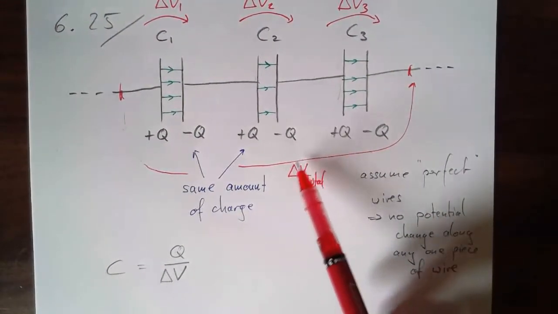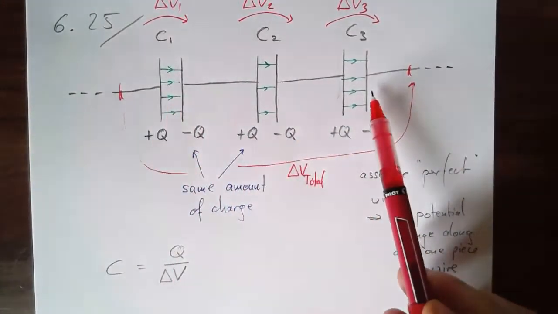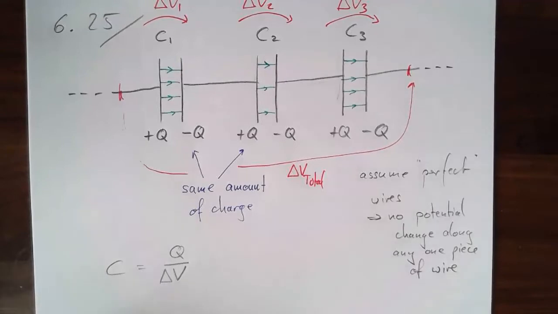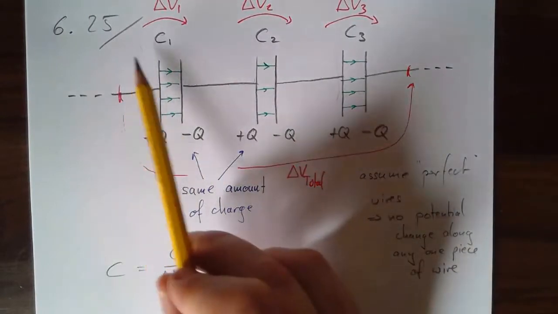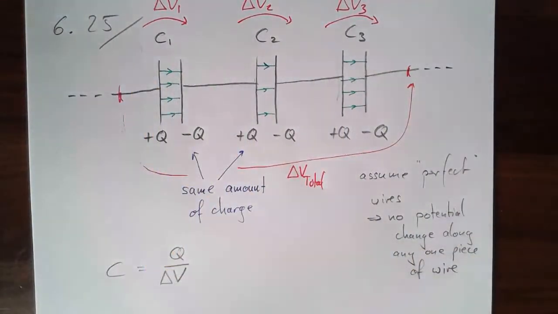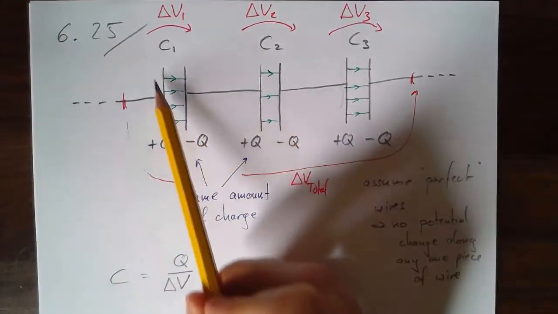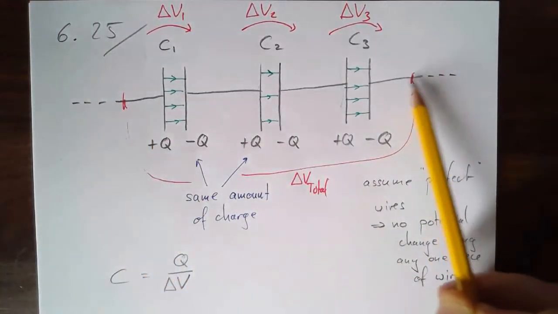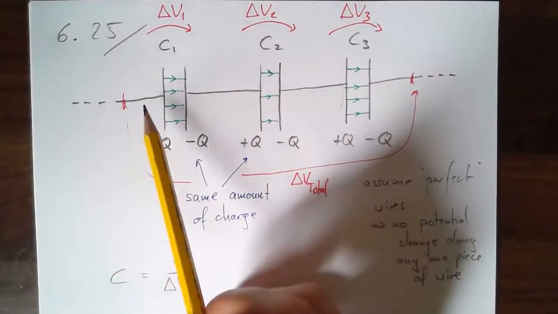This delta V and those charges Q are going to define the overall capacitance of this setup. Imagine there's some sort of black box around this, and you can't look inside. There are 3 capacitors inside, but you don't know if it's 3 capacitors or 1 capacitor. You can say there's a certain potential difference from here to here, and a certain amount of charge that has entered the box on one side, and the same amount of charge has come out the other side, or vice versa, so you have an amount of charge and a total potential difference.